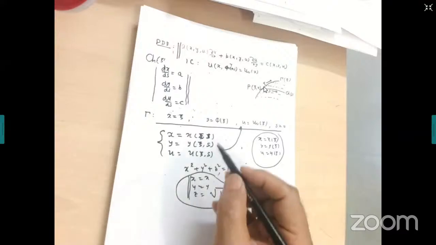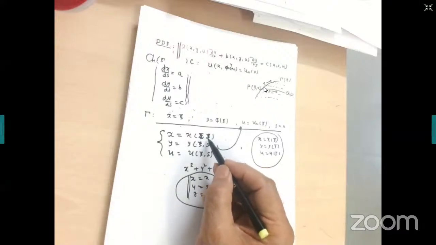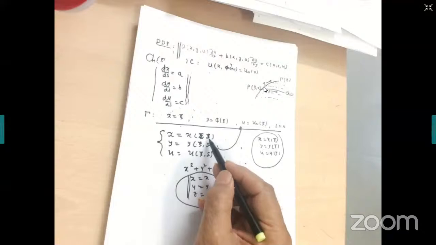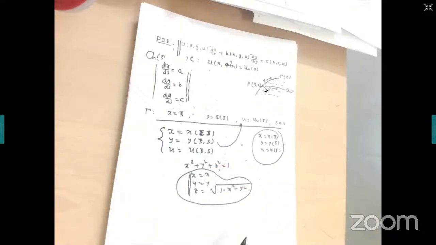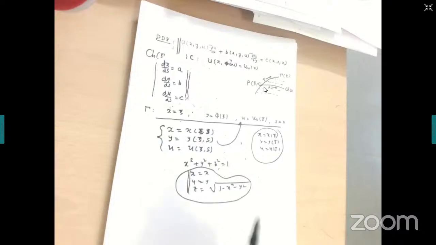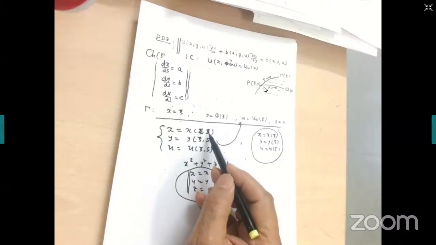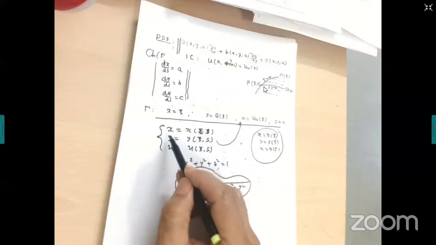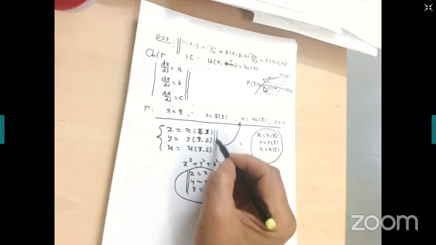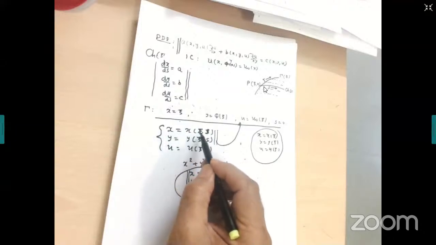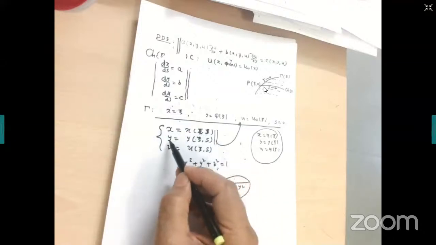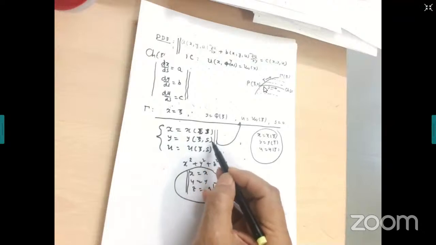But the thing is this: is it always possible to express s and xi as functions of x and y? We have got two equations involving two unknowns, right? x is a function of xi and s, y is also a function of xi and s.